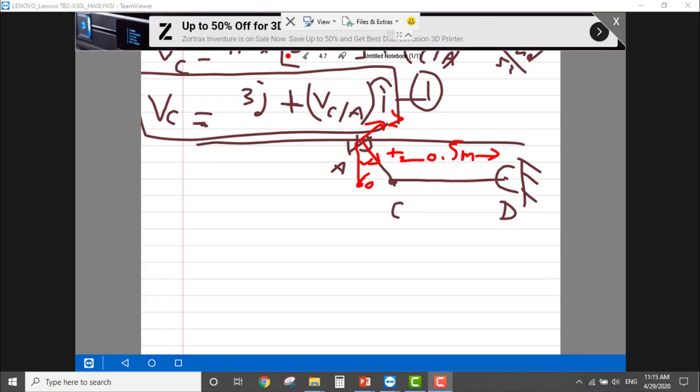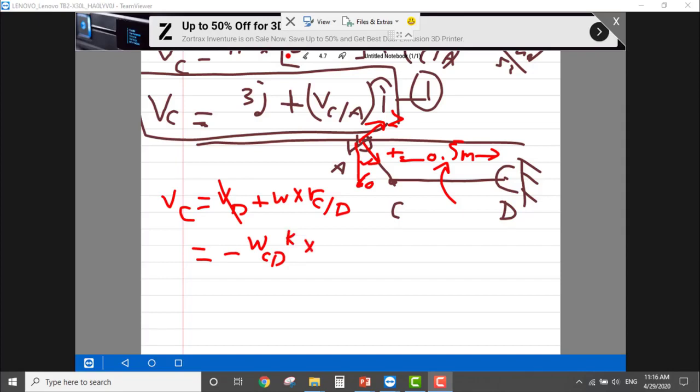We should say VC is equal to VD plus omega CD cross product R C with respect to D. So this velocity is equal to 0, and we assume that this link is rotating clockwise, so minus omega CD k direction cross product.